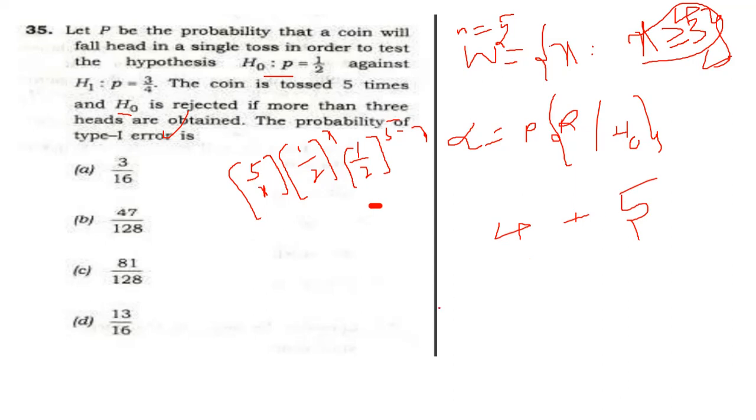When you substitute X equal to 4, 5C4 is 5, so finally you get 5 multiplied by 1/2 to the power 5, plus when you substitute X equal to 5, 5C5 is 1, so 1/2 to the power 5.